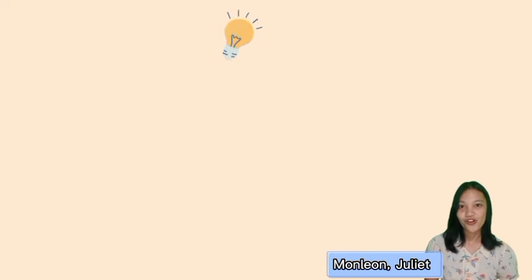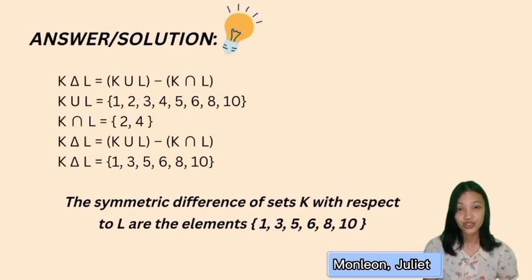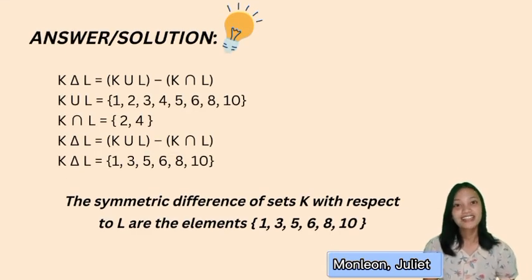Okay, so for the answer or solution, K delta L is equal to the union of K and L minus the intersection of K and L. K union L is equal to 1, 2, 3, 4, 5, 6, 8, and 10, while the intersection of K and L is 2 and 4.